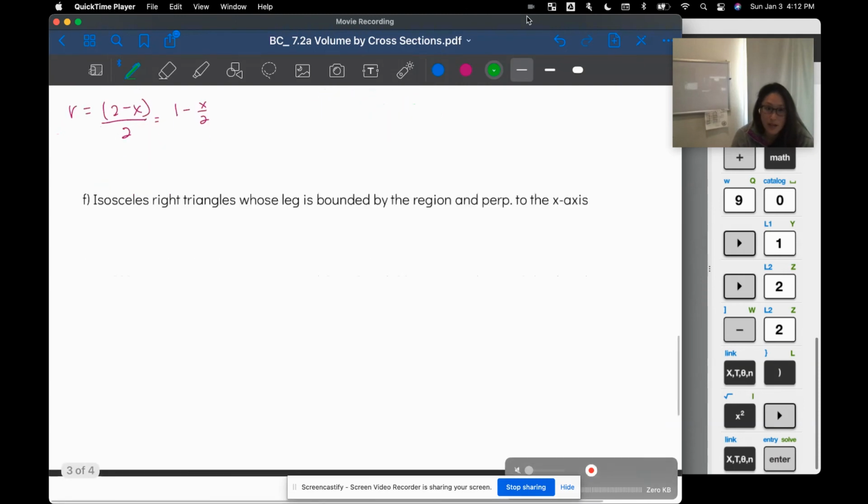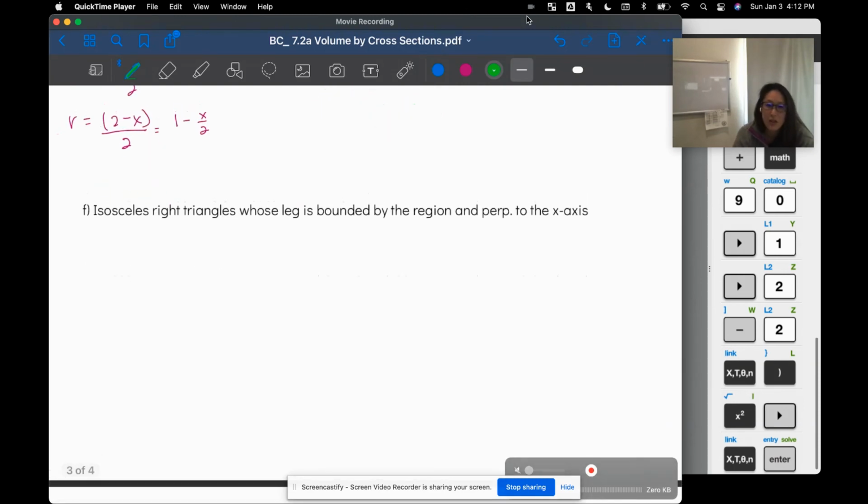Some more. Isosceles right triangle whose leg is bounded by the region, and the cross section is perpendicular to the x-axis. That was a lot to take in, and I forgot my graph. Let me try and fix that for y'all. Okay, so I have my graph. And what I end up with is the leg.